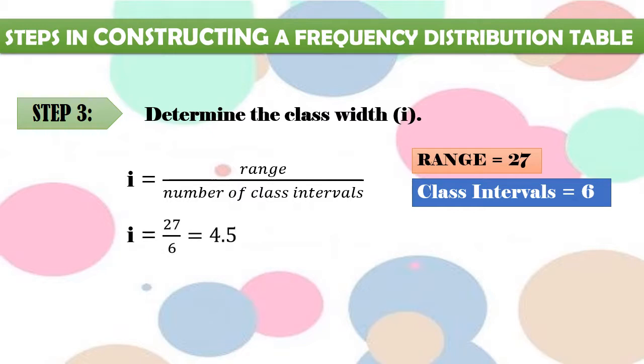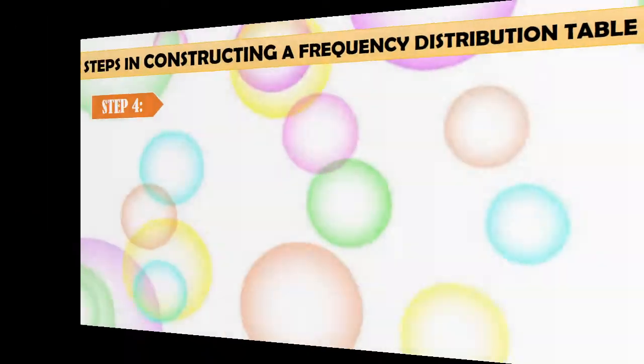The class width must have the same number of significant figures as the data values. Therefore, we round up 4.5, so we can take I is equal to 5. So take note that our class width is equal to 5.